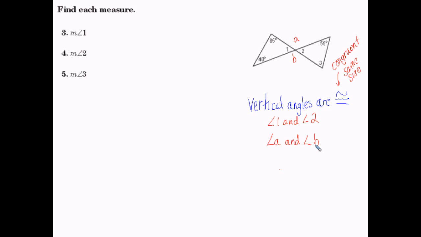So angle 1 is going to equal 180 minus 85 and 40. So 180 minus 85 is 95, minus 40 is 55. So angle 1 is 55 degrees. That's this angle right here.